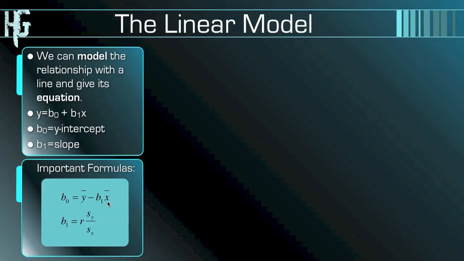If you were to plot the average of your x's and your y's as an actual point, it's not an actual point in your data set, maybe it might be, but it's probably not. But if I wanted to find a point that I could plug in and work with inside the equation, then this is it, because I can always find the average of the x's and the average of the y's as long as I have the real data set. And that would be a way I can actually get my y-intercept.